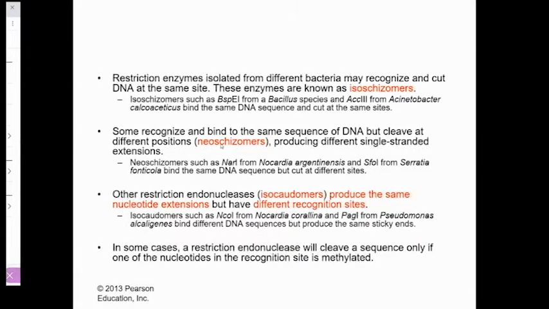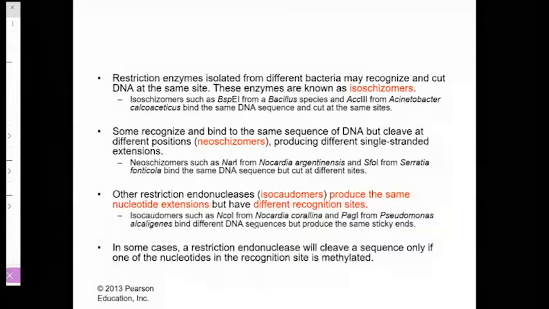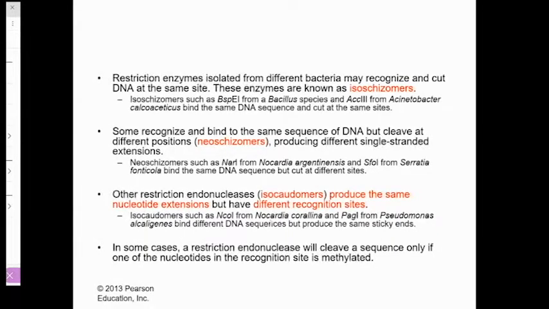Basically, they have different recognition sites, but they produce the same nucleotide extension. Like NcoI and PagI. They recognize different DNA sequences, but after the cleavage, they produce the same sticky end. So that's the isocaudomers.